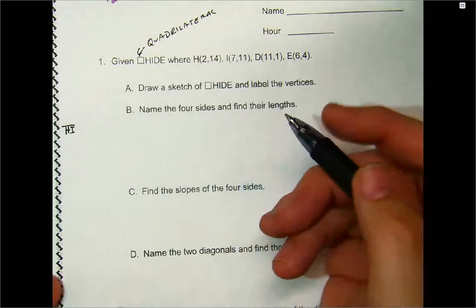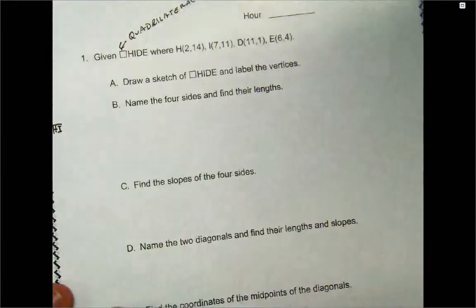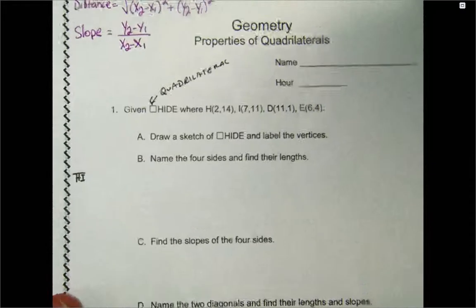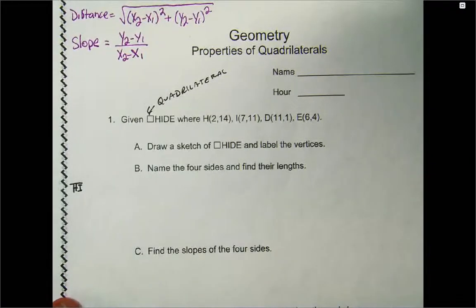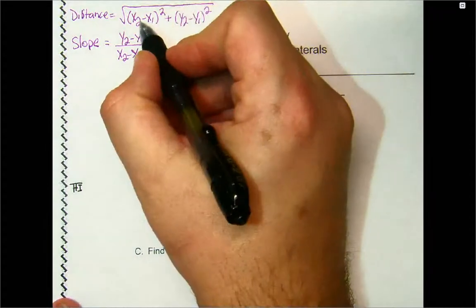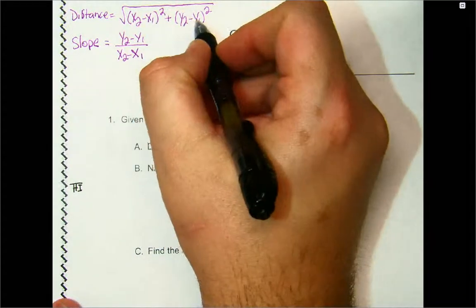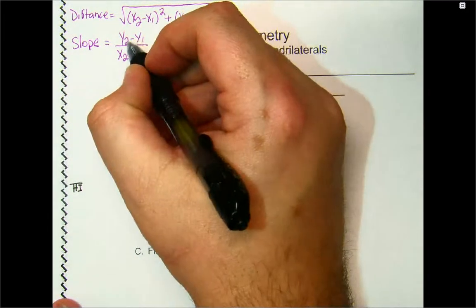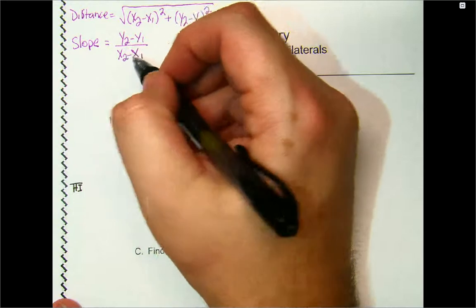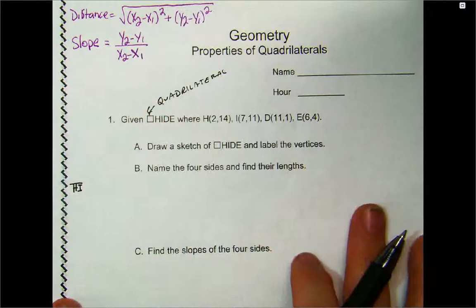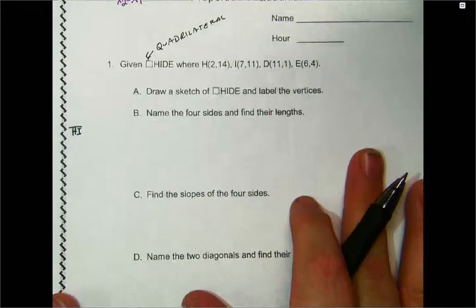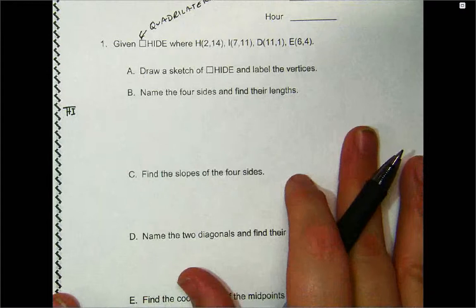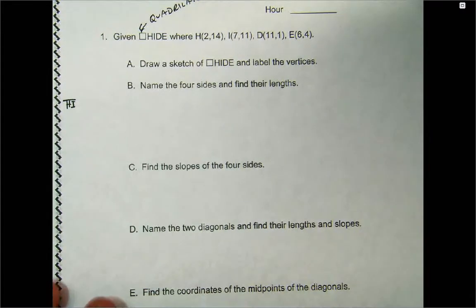Now, I gave you the distance formula. Distance formula up there is the square root of x2 minus x1. So I have to subtract the x's and I have to subtract the y's. The nice thing is I have to subtract the y's and subtract the x's for slope as well. Now, if you were with me first semester for the first chapter where we talk about the distance formula, I show you this way that I kind of work with the distance formula.